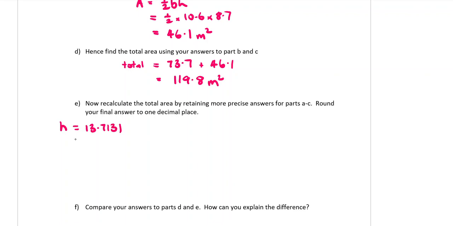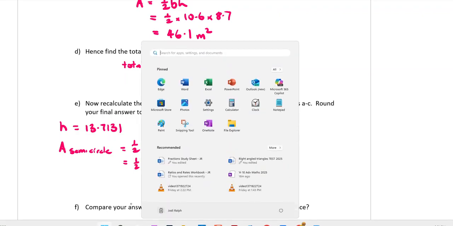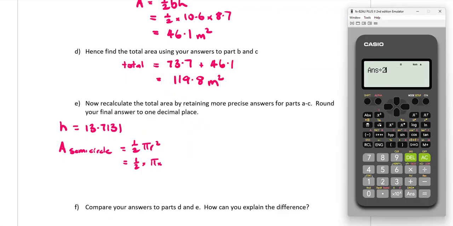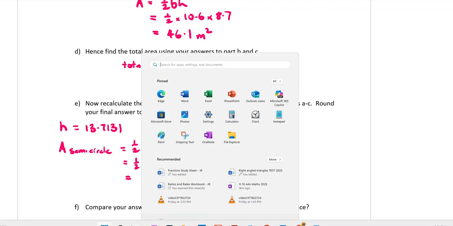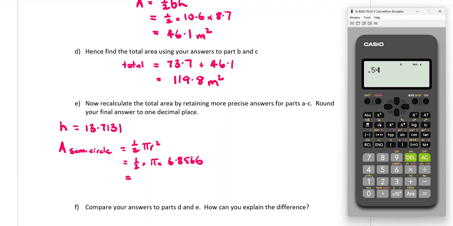Okay, then from that, we found the area of the semicircle, which was half of pi r squared, which is half times pi times that h was a diameter, so dividing that by 2, we get 6.8566, which is 10.77.